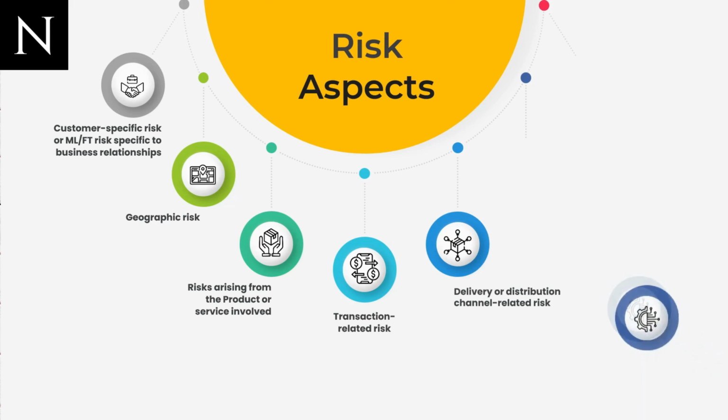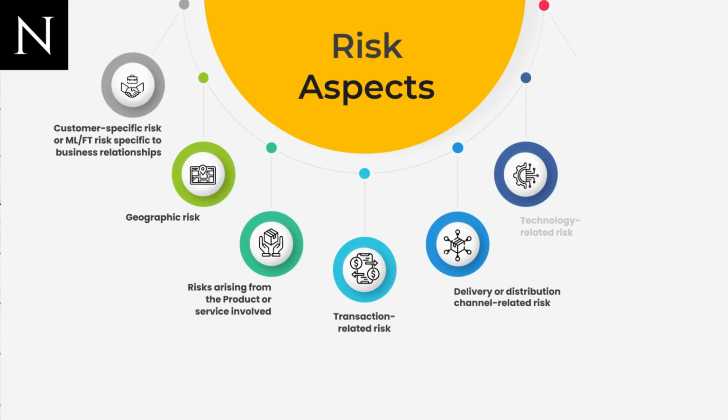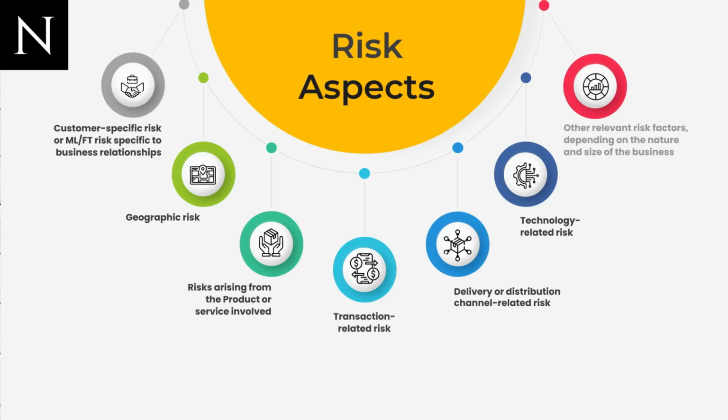Other relevant risk factors, depending on the nature and size of the business. Let's explore each risk aspect in detail, with a few examples and the degree of AMLCFT risk involved.